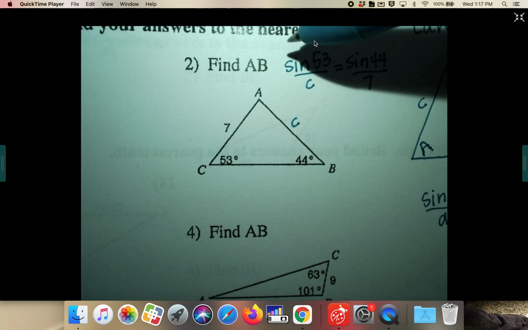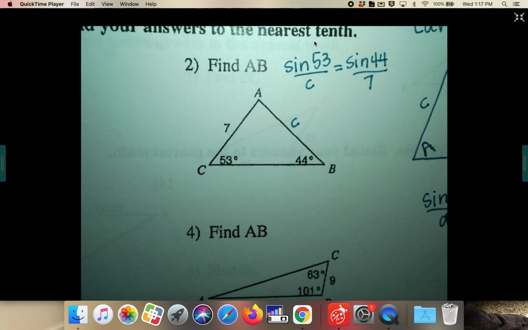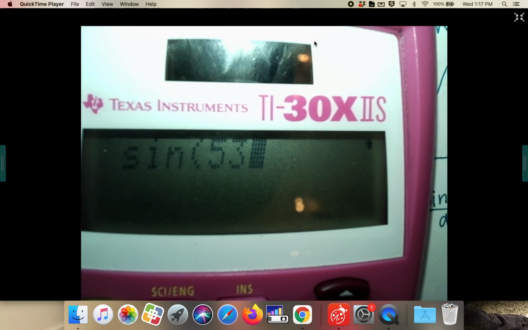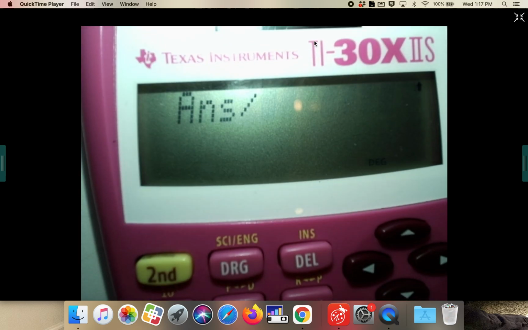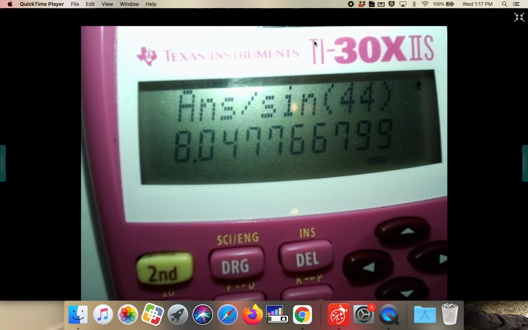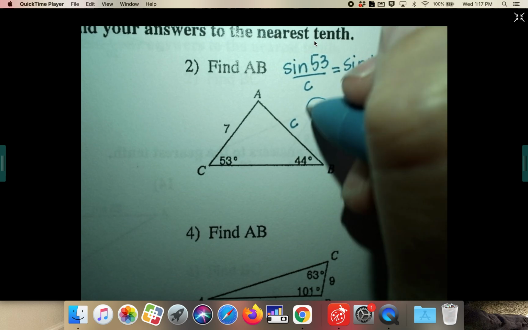Okay, again, the bat and the ball. So multiply the two diagonal and divide by the other one. So sine 53 times 7, divided by sine 44. Sine of 44 degrees is about 8.0, so about 8. So we can say that our side length is 8.